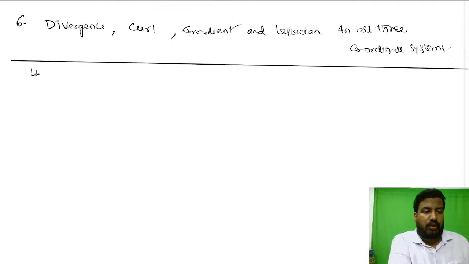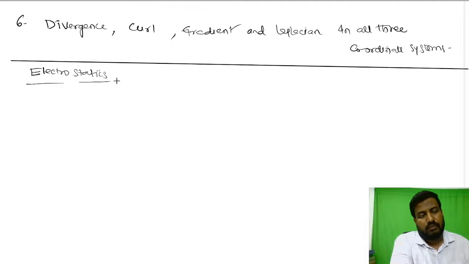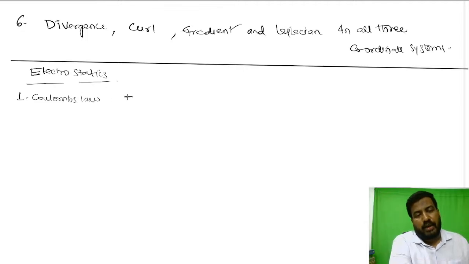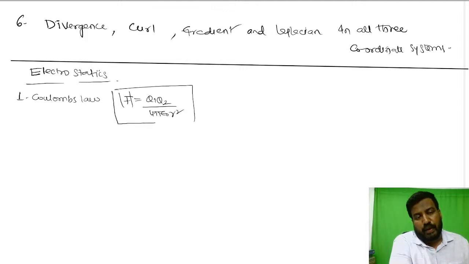Then once you go for electrostatics, the important topics are Coulomb's law, which gives you force between 2 point charges. Magnitude of force is q1 q2 by 4 pi epsilon naught r square.